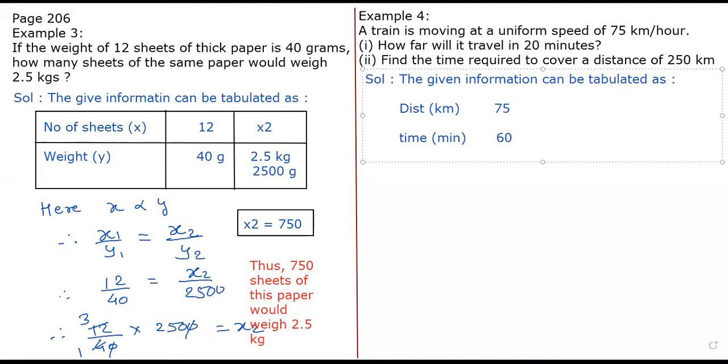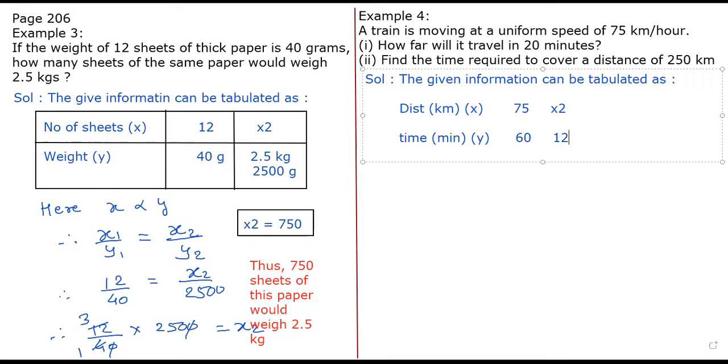What is asked? How far, meaning the distance. Distance in kilometers is our X, and time is Y. So distance X2 is unknown when the time is 12 minutes. And what is the third condition?